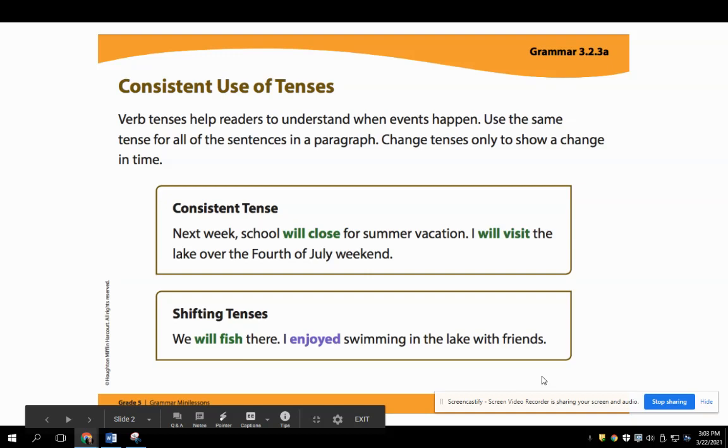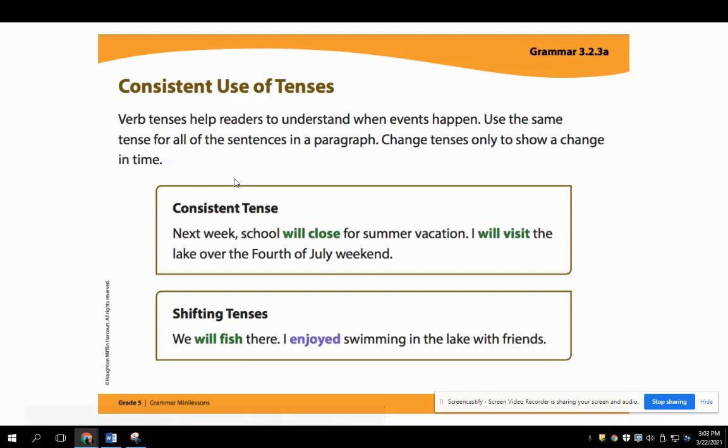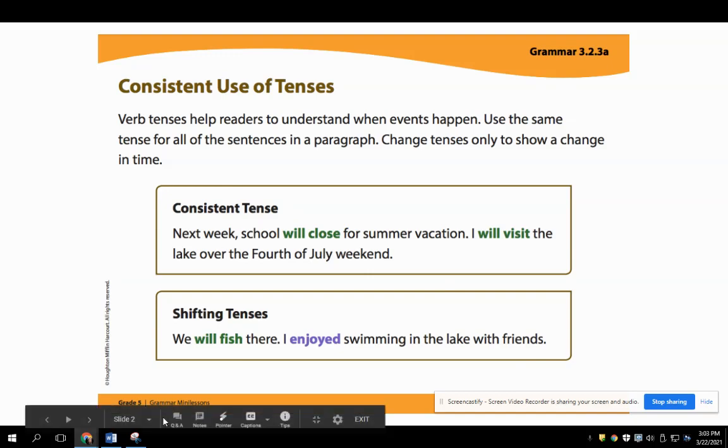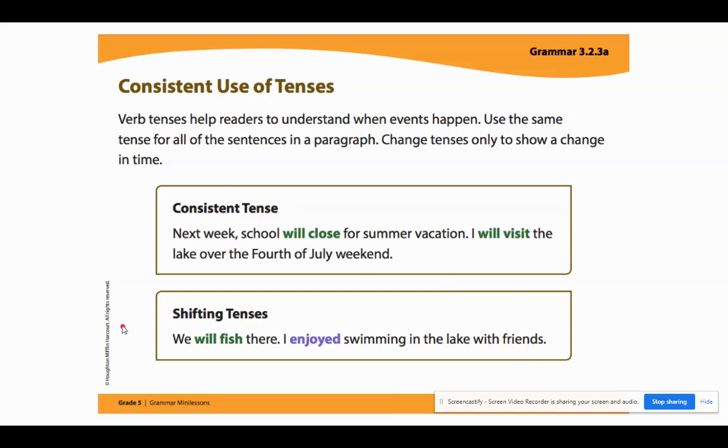So verb tenses really help readers to understand when events are happening, if they're happening in the present, in the past, or in the future. So as a writer, like you all are, it's going to be important to use the same tense for all of the sentences in a paragraph.